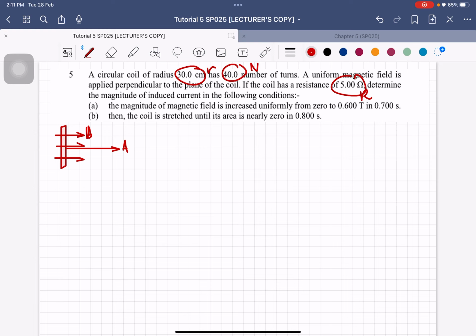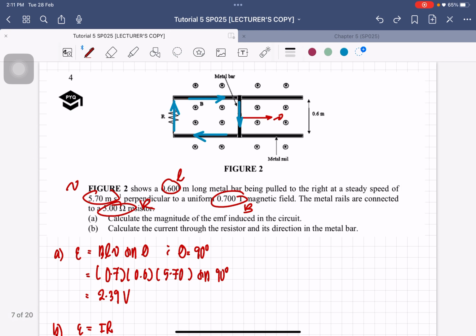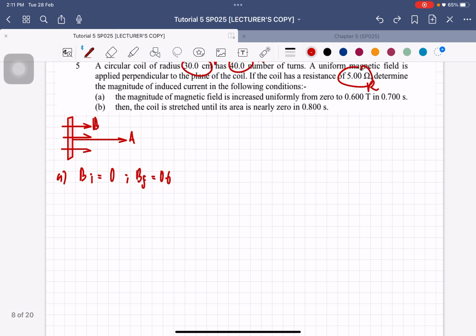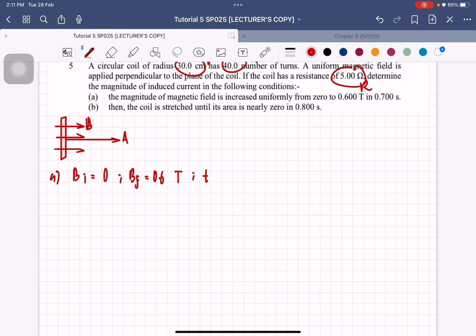And then we have to determine the induced EMF when the magnetic field is increased from 0 to 0.6 Tesla in 0.7 seconds.